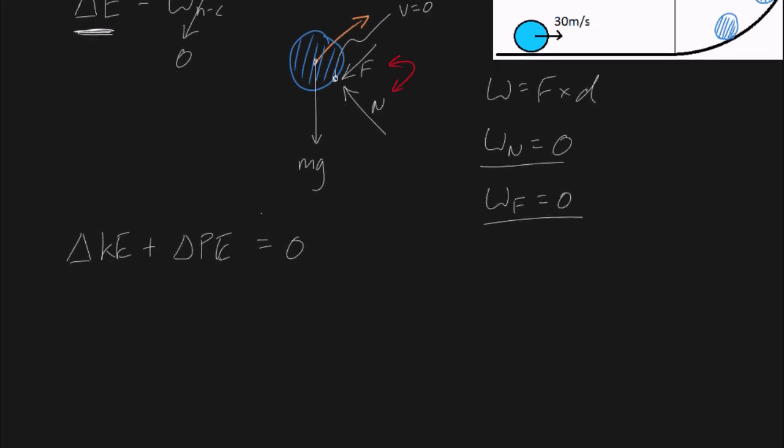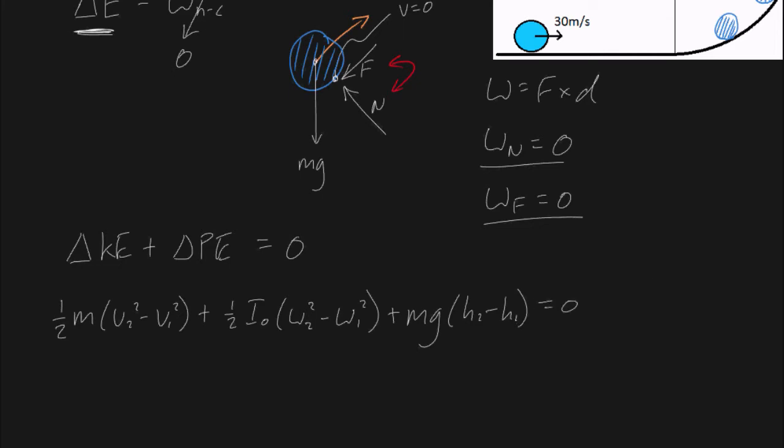Because the disk is rolling, it's going to be split into our translational kinetic energy, a half m (v2 squared minus v1 squared), and our rotational kinetic energy, a half I_O (omega 2 squared minus omega 1 squared), plus mg (h2 minus h1).